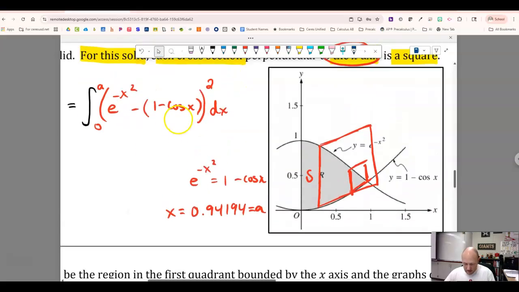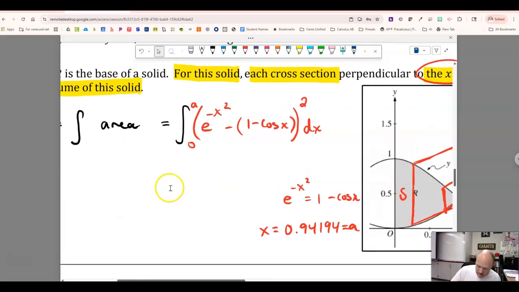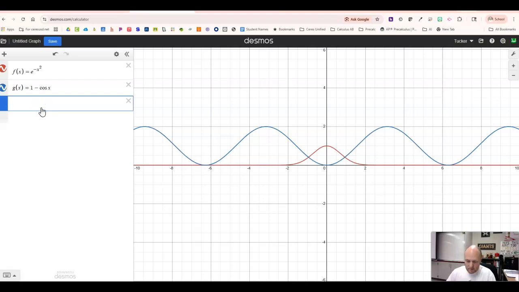Now I have to calculate these values. Since this is calculator active, we can set up this integral. We have the integral from 0 to 0.94194 of e to the power of negative x squared minus, in parentheses, 1 minus cosine of x, dx.